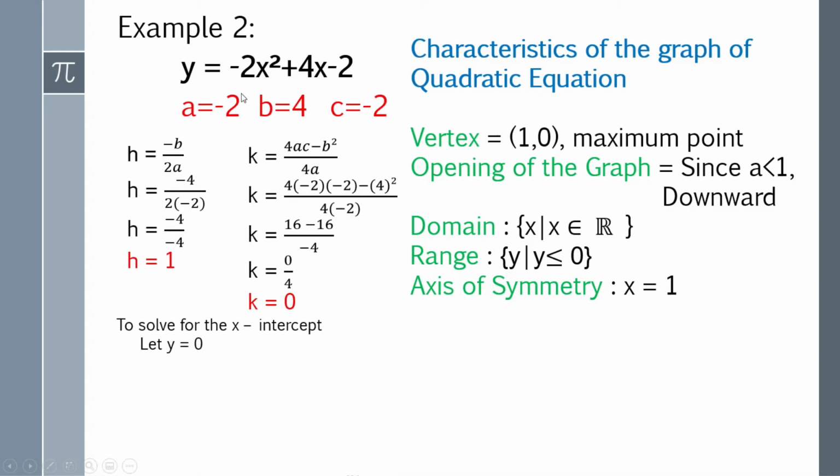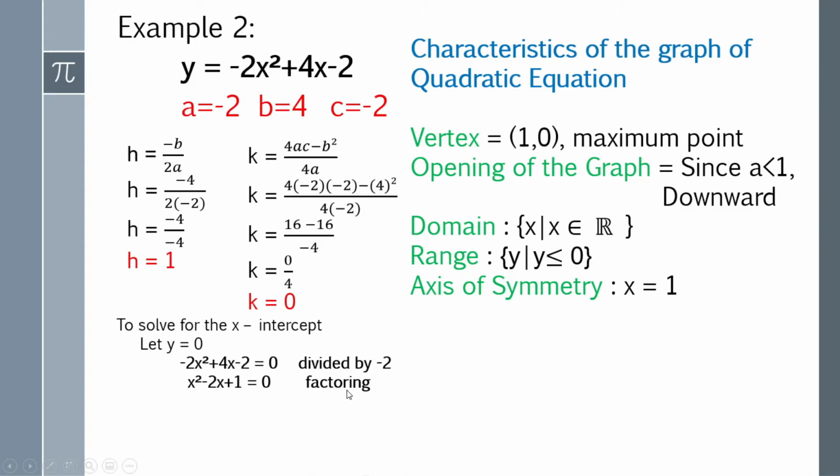so let y is equal to 0. Ito yun natin yung given. So 0 na yan, then divided by negative 2. So, since they are divisible by 2, itong 2, 4, and 2, so dinivide ko na yan. So, magiging negative 2 divided by negative 2, positive 1. 4 divided by negative 2 is negative 2. Negative 2 divided by negative 2, positive 1 is equal to 0.